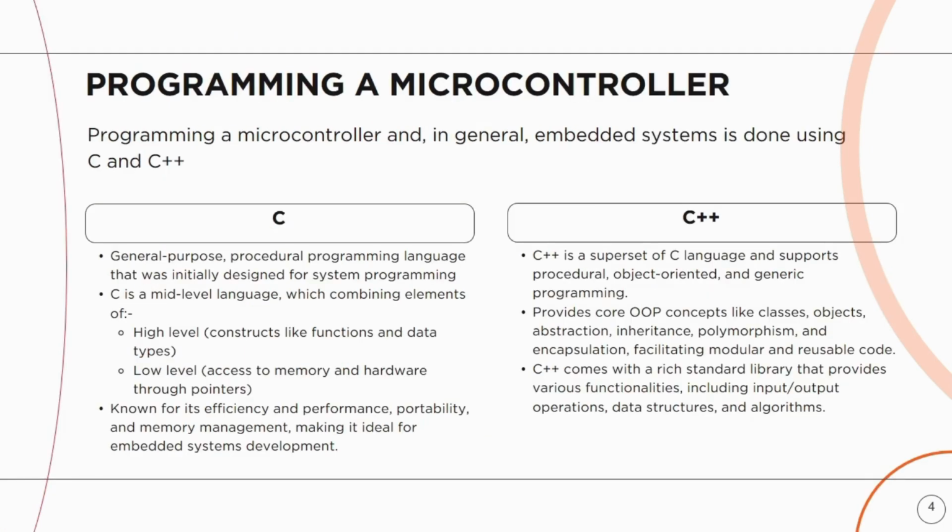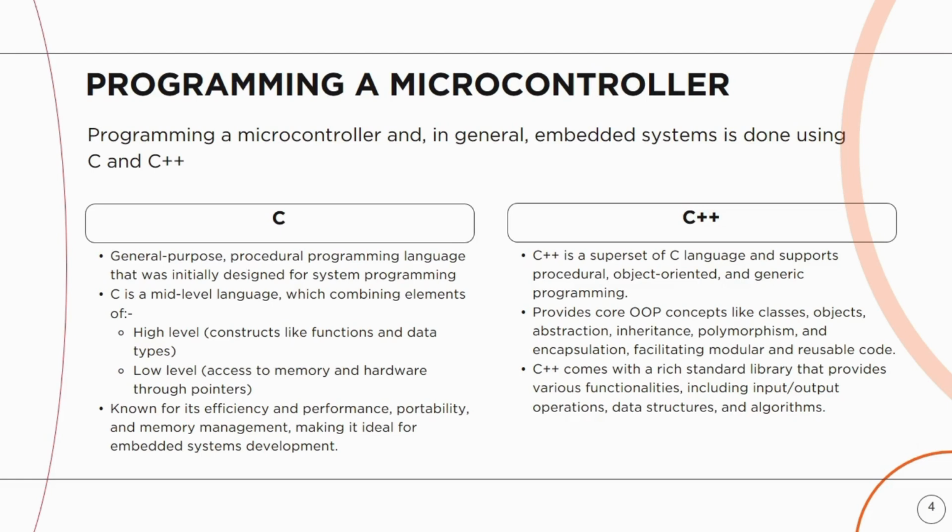Programming a microcontroller, and in general embedded systems, is done using C and C++ language. C is a general purpose procedural programming language that was initially designed for system programming. It is a mid-level language and has elements of both high level and low level.